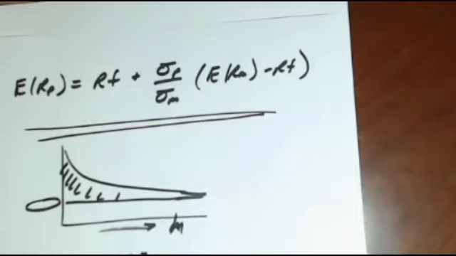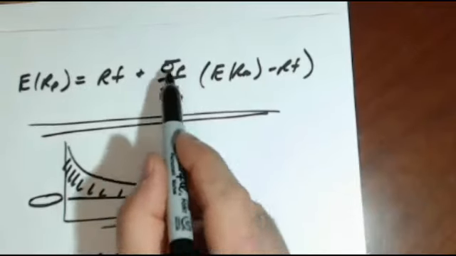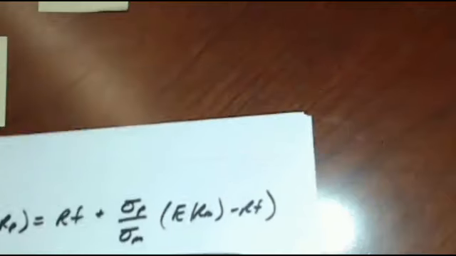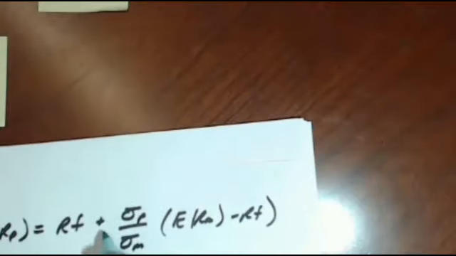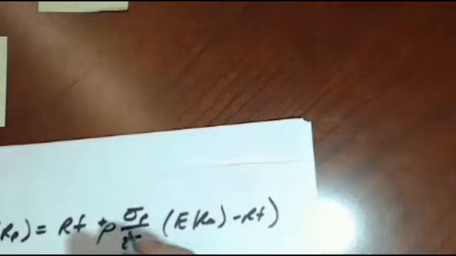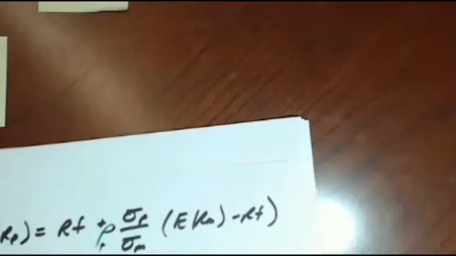And the way to do that is we're going to look at multiplying this equation, put it in green, by rho. So I'm going to take the correlation of a security, portfolio P, and the market.